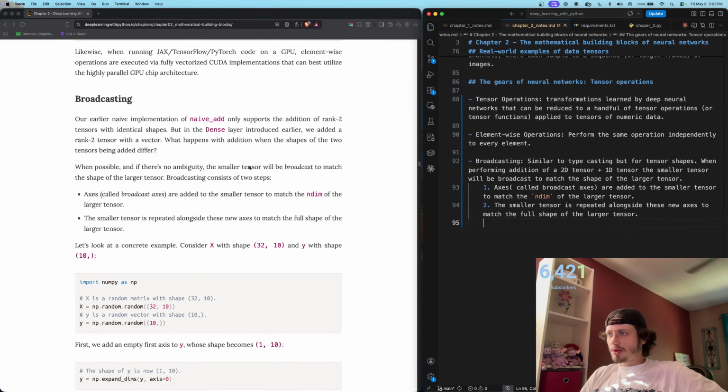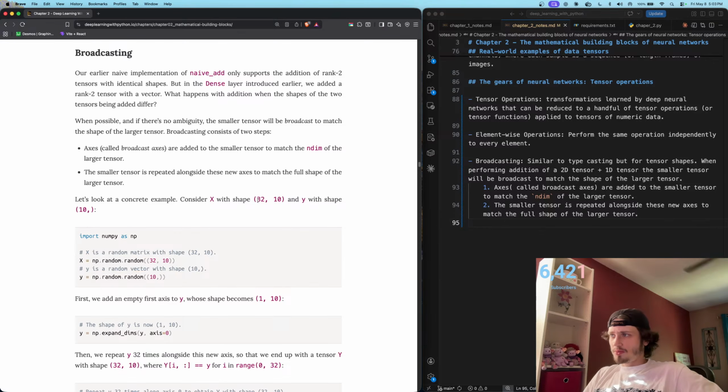Let's look at a concrete example. Consider X with a shape of (32, 10) and Y with a shape of just (10,).